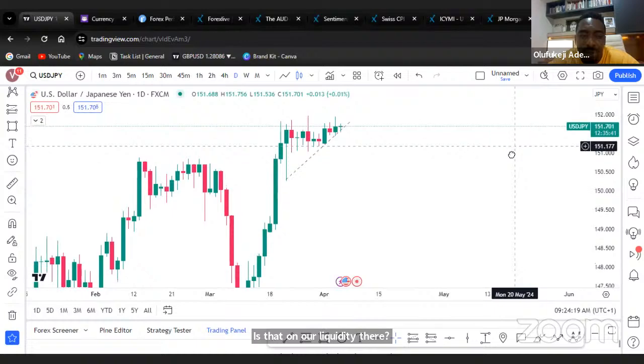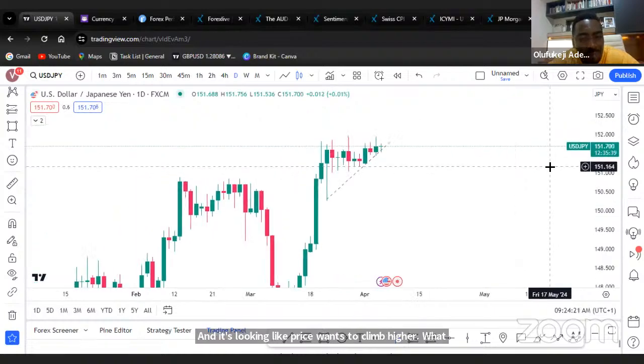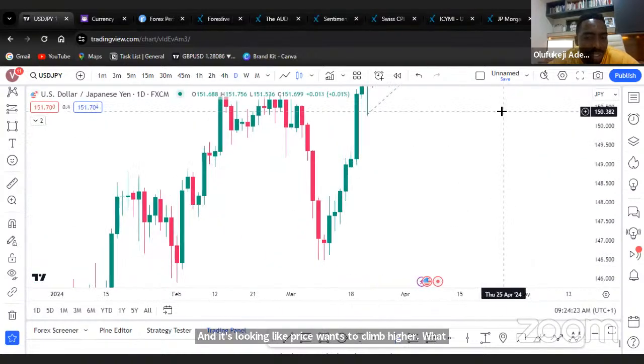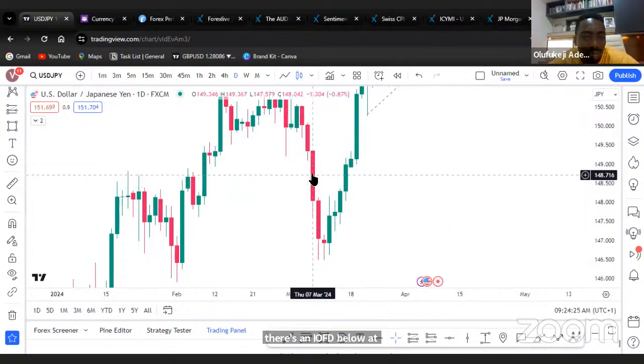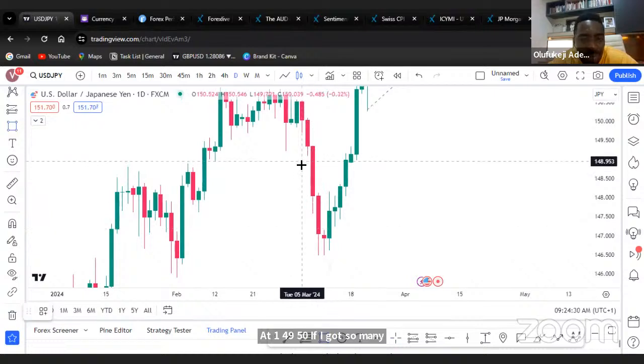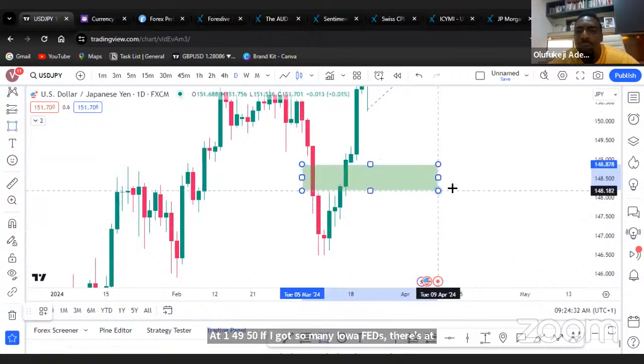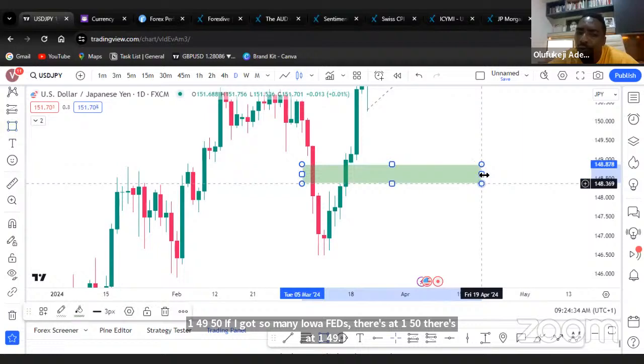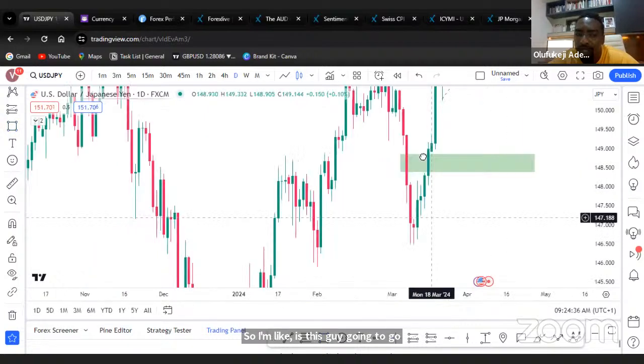It's looking like price wants to climb higher. But there's an IOFED below at 149.50. In fact, there are so many IOFEDs. There's one at 150, there's one at 149. So I'm wondering, is this going to go up without grabbing this liquidity?